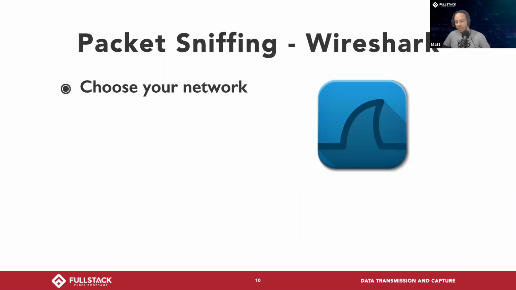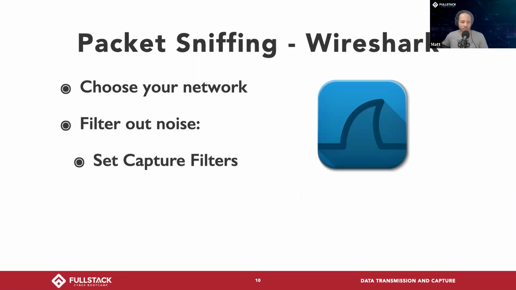We're going to take a look at how to use it. The first thing you do with it is choose what network you want to be sniffing on. We filter out what we don't want to listen to and focus on what we do want to listen to, because as you can imagine, there's a lot of data being sent over the wire, and not all of it is interesting to us.